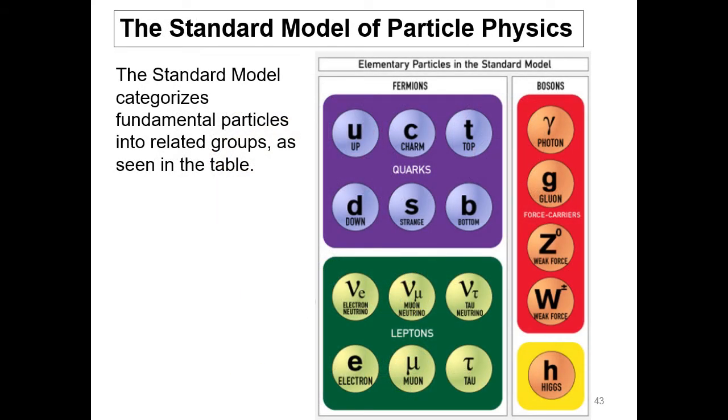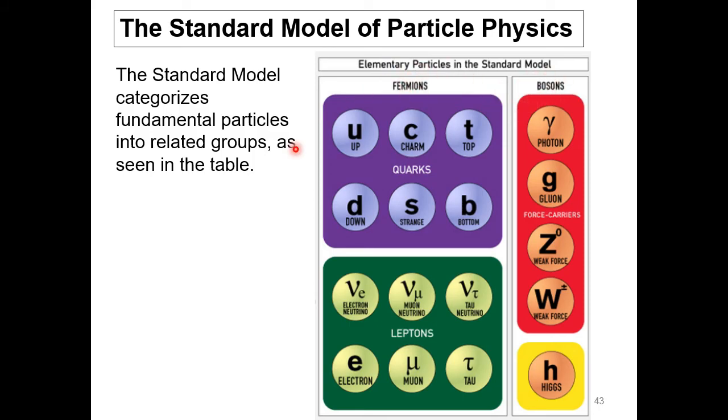This is the standard model of particle physics. The standard model categorizes fundamental particles into related groups, as seen in this table. We have elementary particles, which are fermions and bosons, two types.